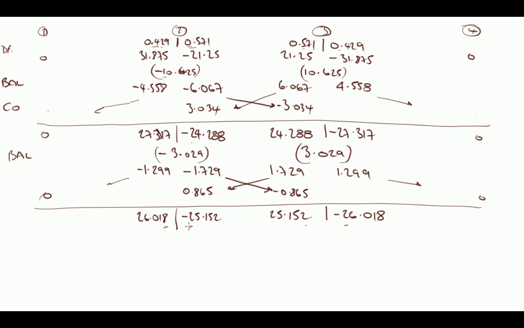I've got a balancing moment this time of minus 0.866, and I need a balancing moment. I've got 25.152 clockwise, I've got 26.018 anti-clockwise, so I need a clockwise balancing moment of 0.866 this side.